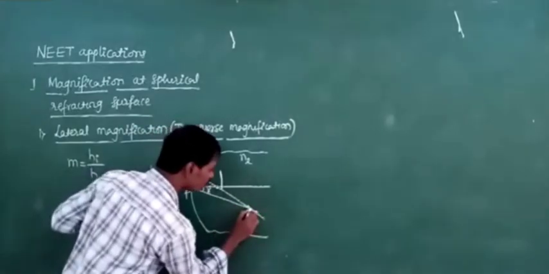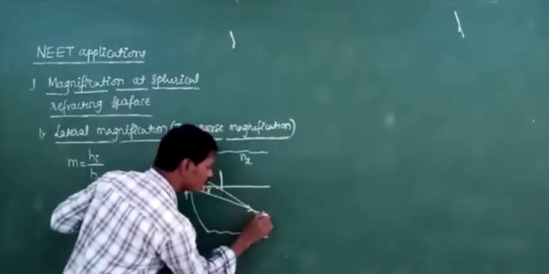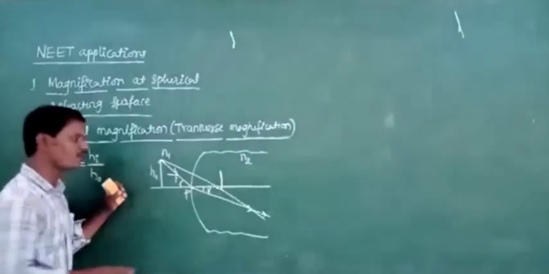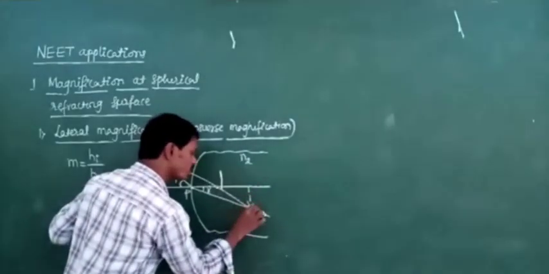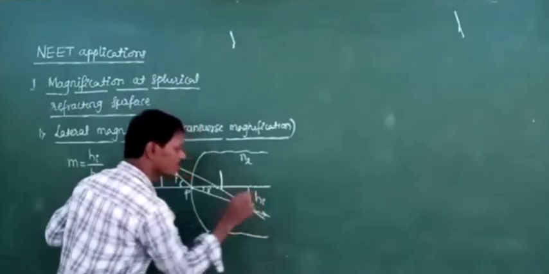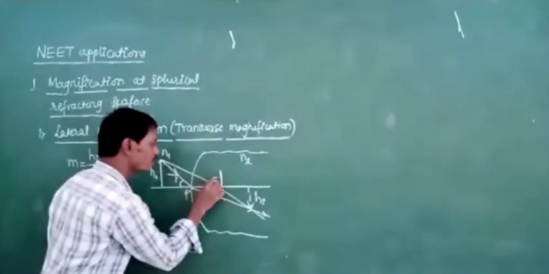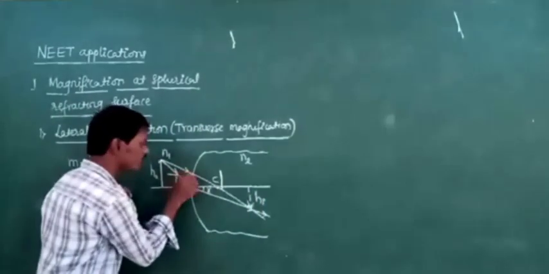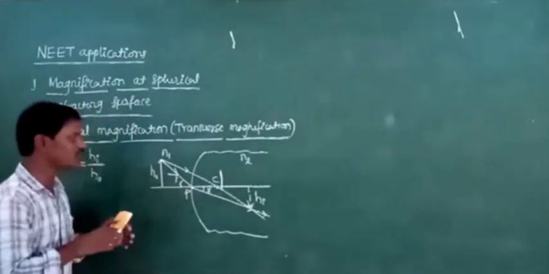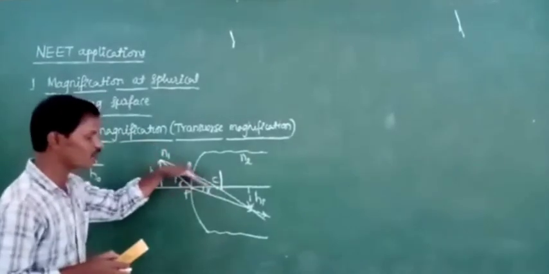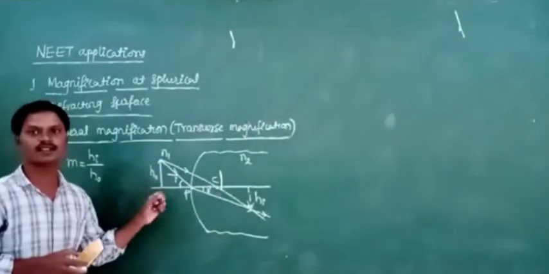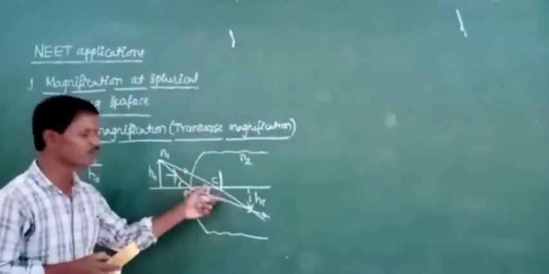Where these two refracted rays meet, the image of the object is formed. Then I will take the height of the image as hi.